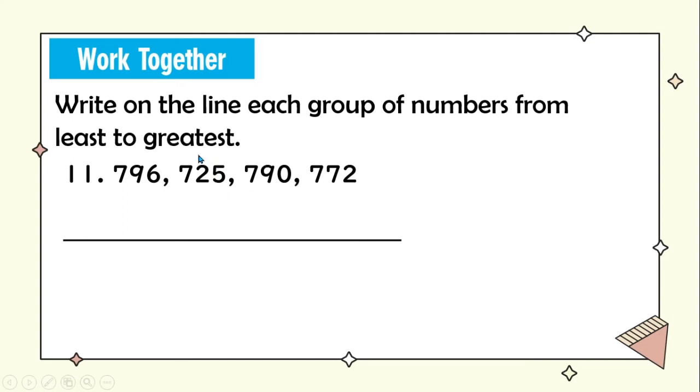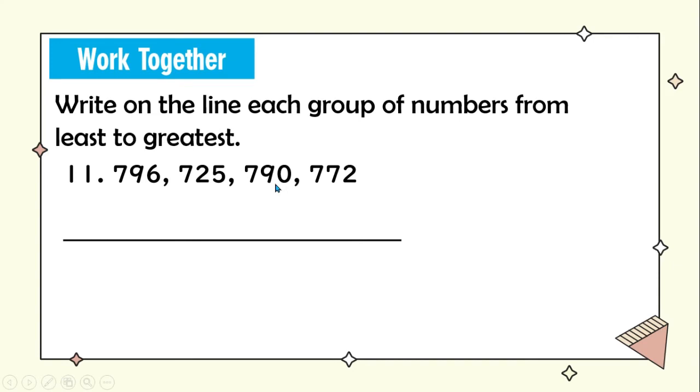Very good. It's number 2. Okay, so we're going to write first 725. Next, very good, it's number 7. So followed by 772. Okay, next we have the same number here, 9.